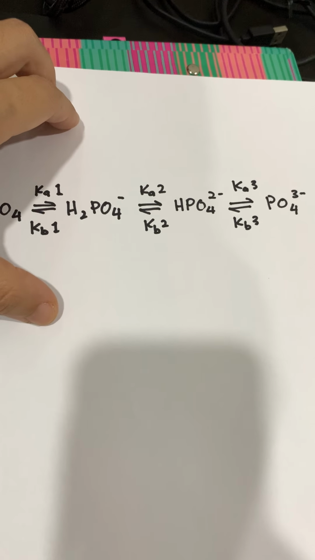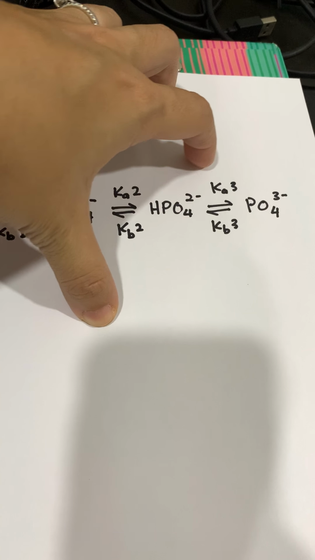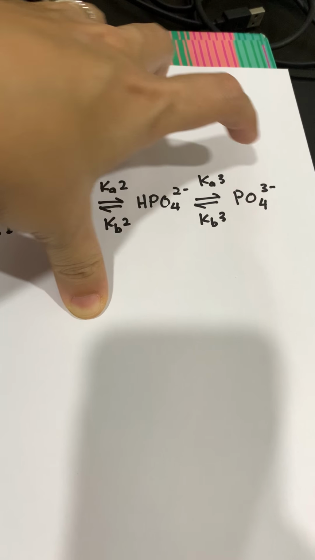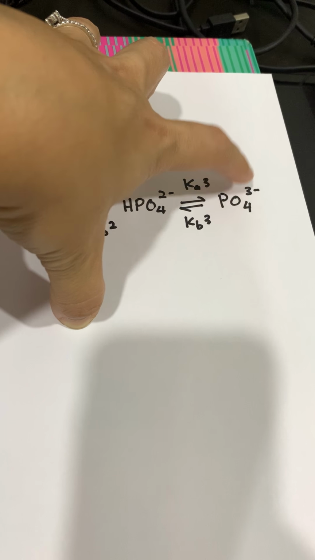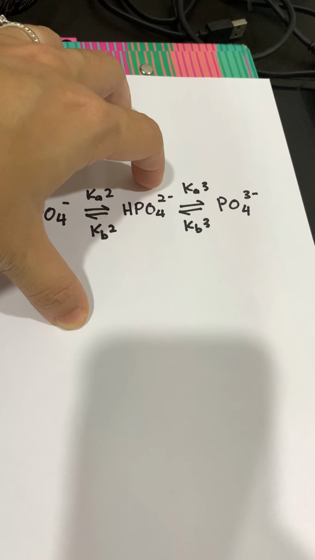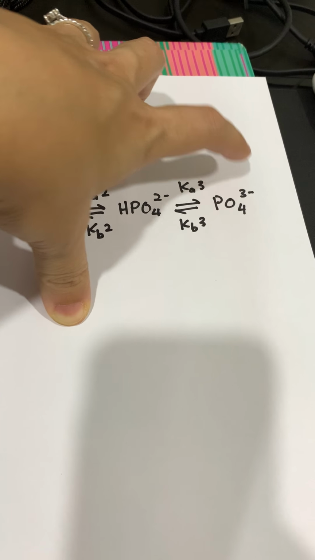So the question is asking us to find the Ka of HPO4 2-. The Ka of it would be this way, okay? So the first dissociation, the last dissociation, it would be the Ka3 value.